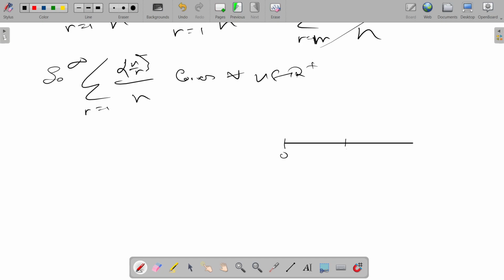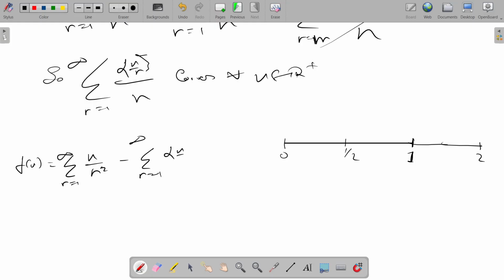Say 0, let's say half, let us say 1 here, and let us say we have got 2 here. So basically, now we have our f(x) to be, I have to write this once again, but it's okay, x by n square minus fractional part of x by n, by n.